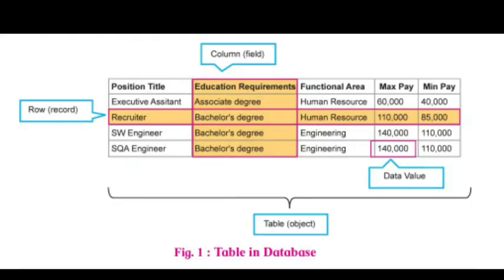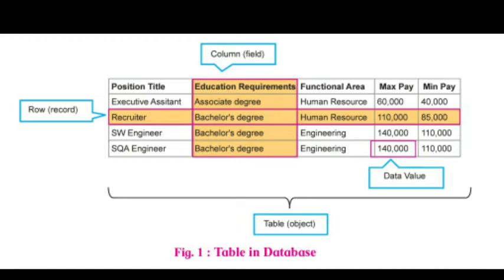So guys, on your screen you have seen one table. That table consists of 5 different columns and 5 different rows. The bold characters represent the titles. The horizontal information stored within a table is called a row, or a record, or we also use another word called tuple. And the vertical information is called a column, or a field.